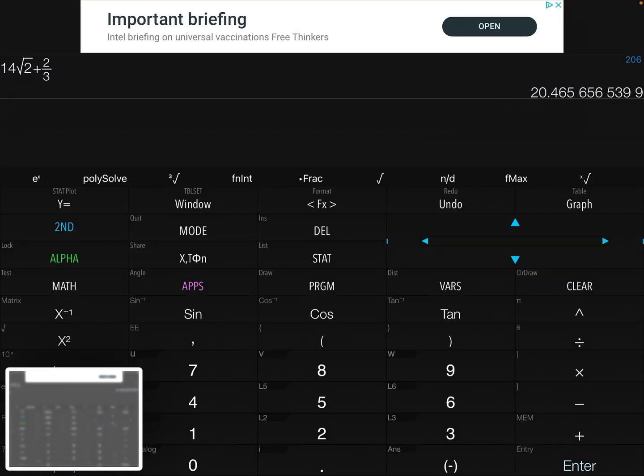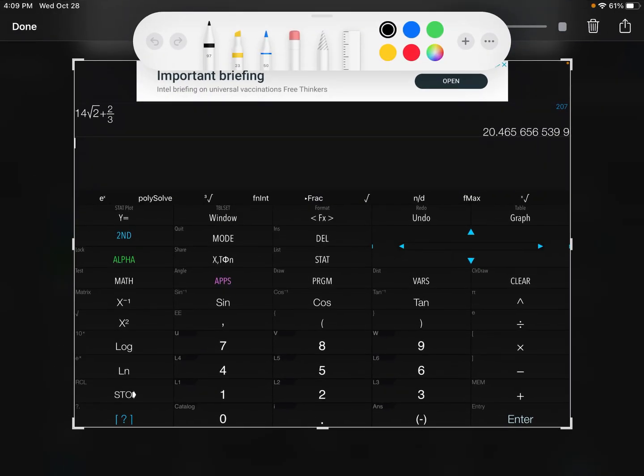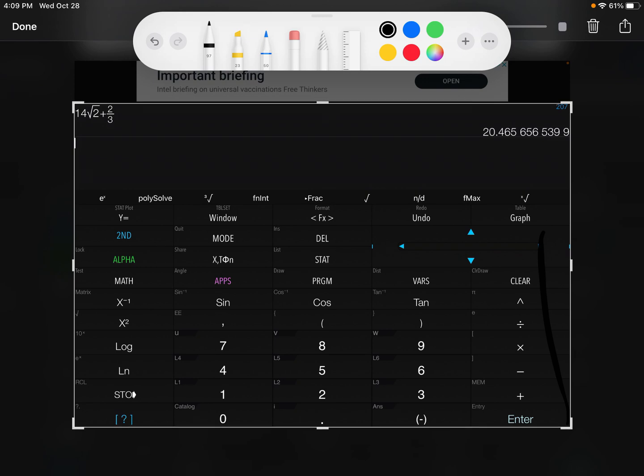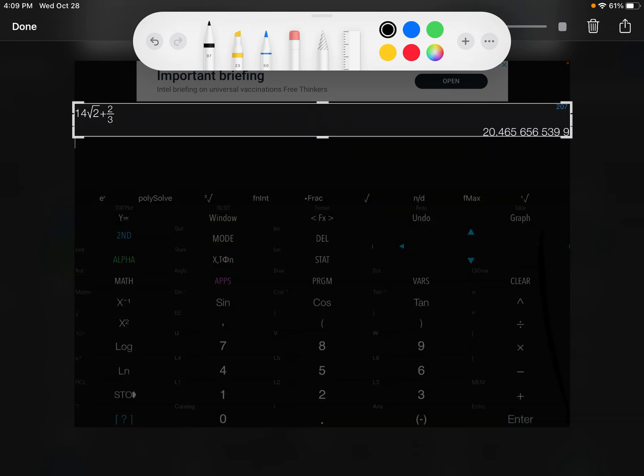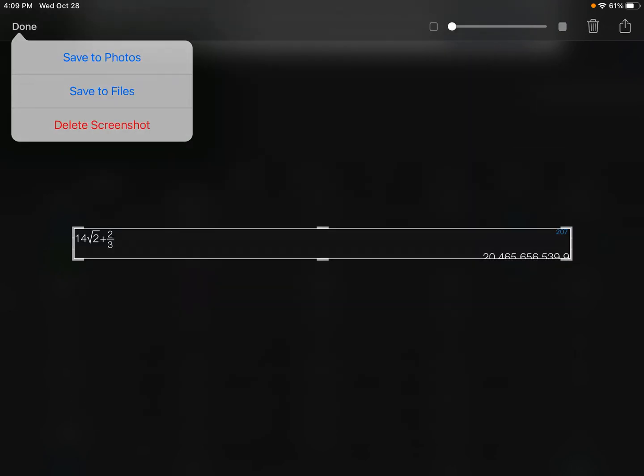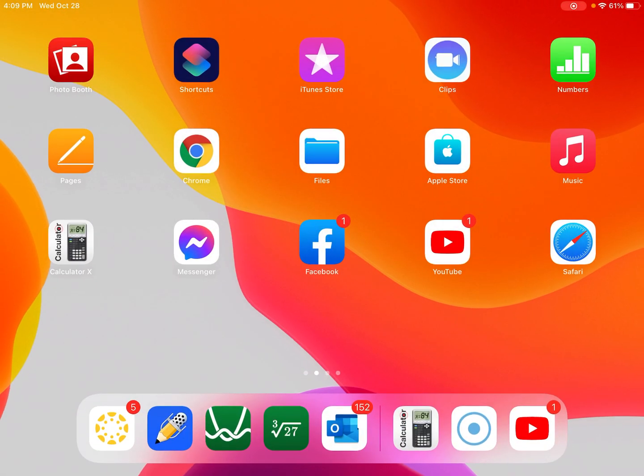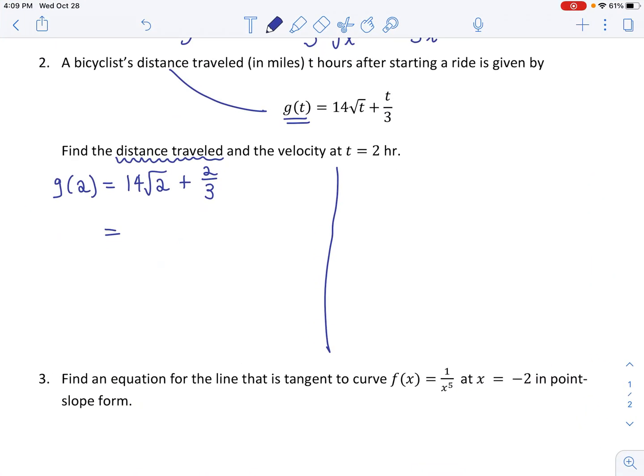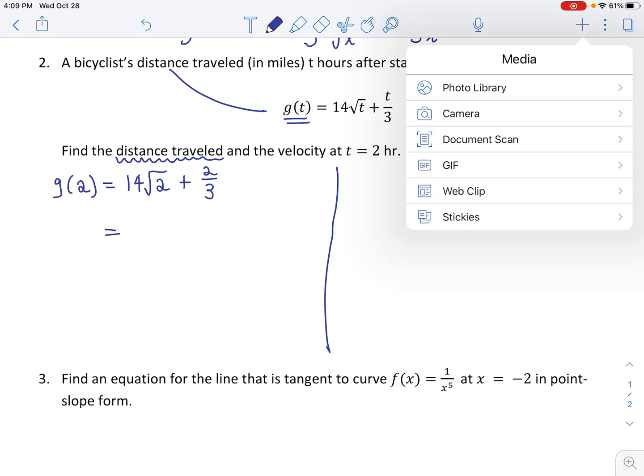So let me take a screenshot of this, and then I will go ahead and copy this into my note. Guys, I'm having so much fun with my new iPad. Look at this, I can insert an image.